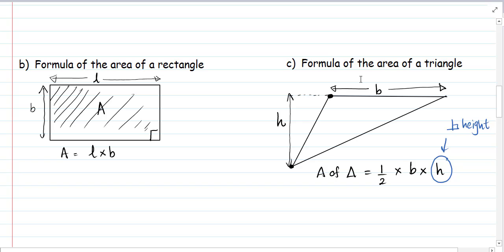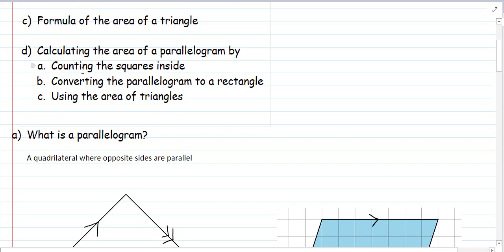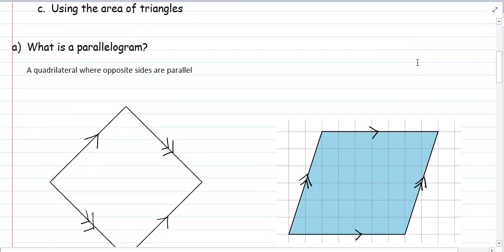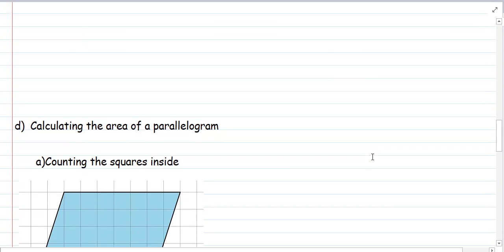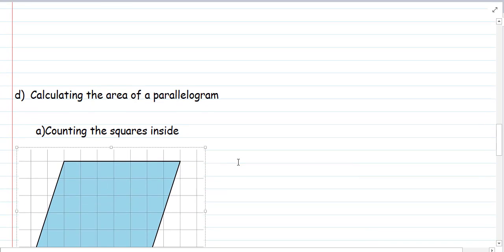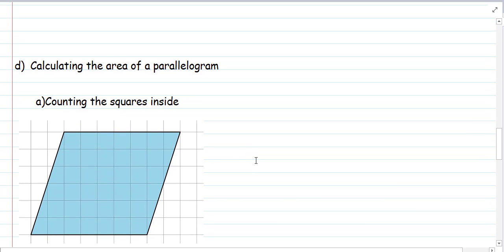Now let's move to part C. We are going to find the area of a parallelogram. Here I have mentioned the first method, that is counting the squares inside. So let's take this figure and try to find the area. Here it is. Now we are going to count the squares inside.